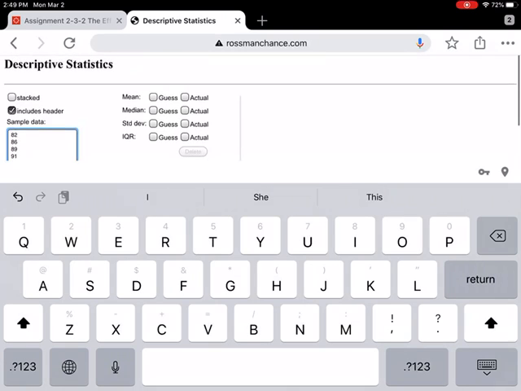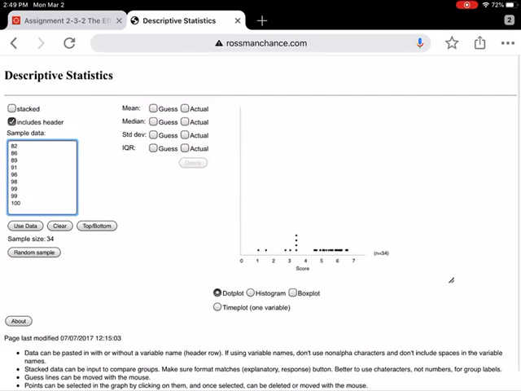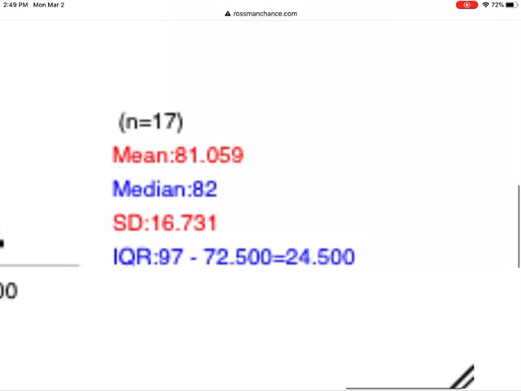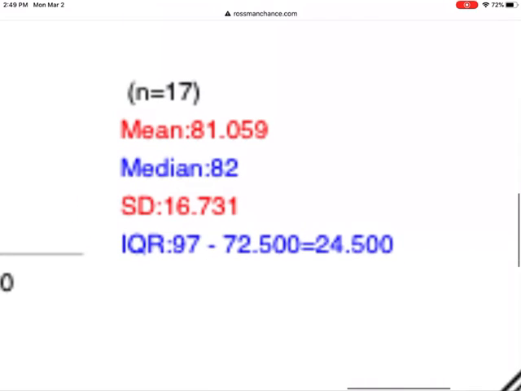Okay, so once I have my data in there, I'm going to click Use Data, and then click Mean, Median, Standard Deviation, IQR, and over here I can see the mean, the median, the standard deviation, and the IQR.